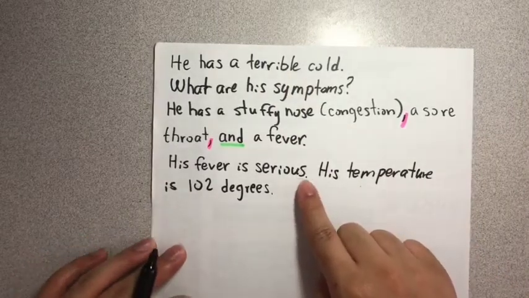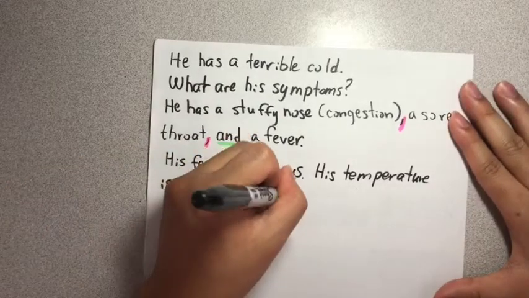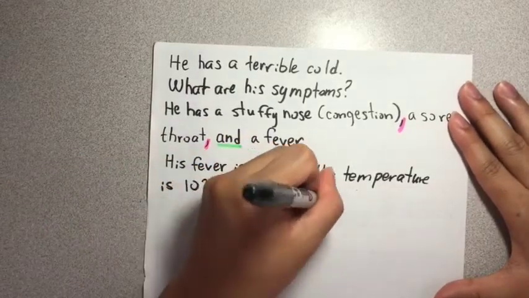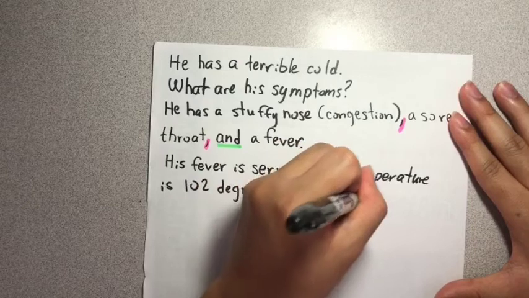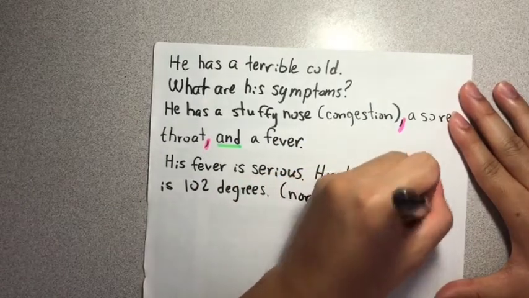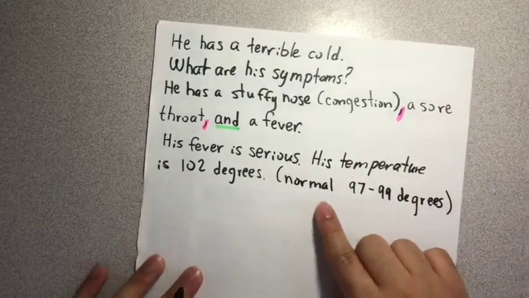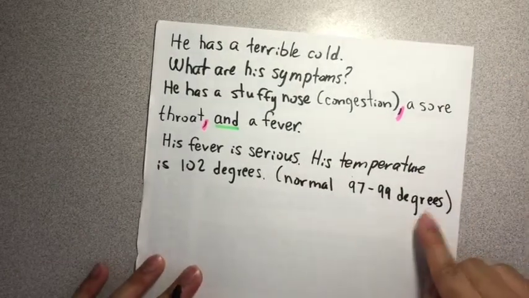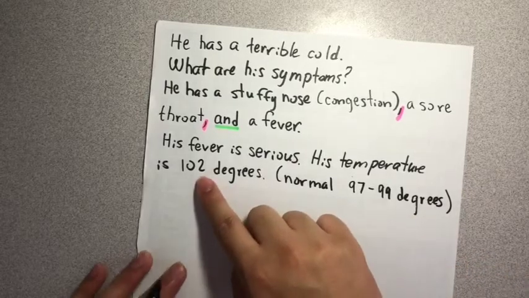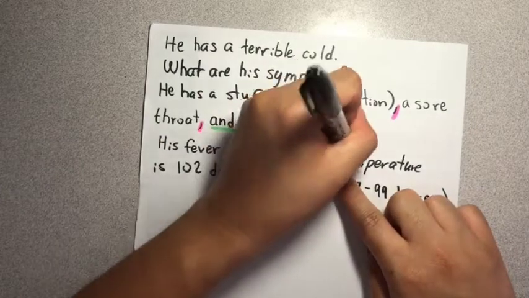So his fever is serious. His temperature is 102 degrees. Remember, normal temperature is 97 to about 99 degrees. So your normal temperature is 97 to 99 degrees. His body temperature is 102 degrees. This temperature is his body temperature.